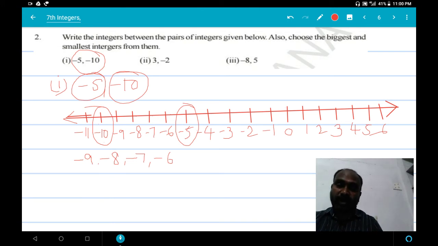We know from 0, negative numbers are here. Minus 1 and minus 2 and minus 3 and minus 4 and minus 5 and minus 6 and minus 7. Here from 0 to 1, one number is decreased, and also minus 1 to minus 2, one more minus 1.